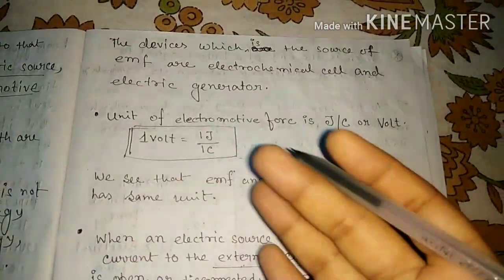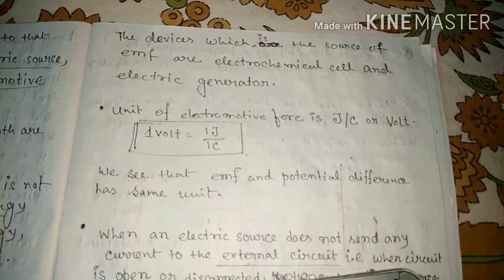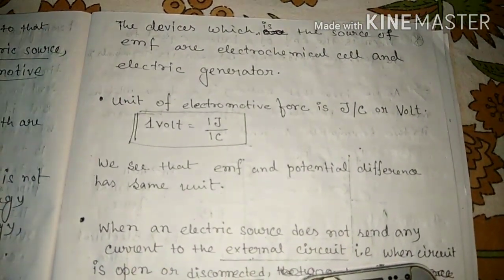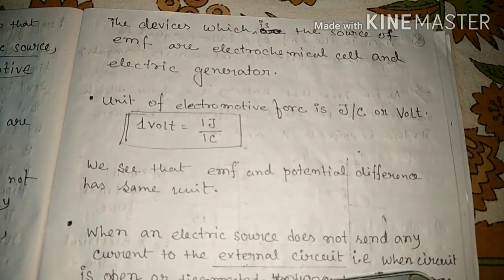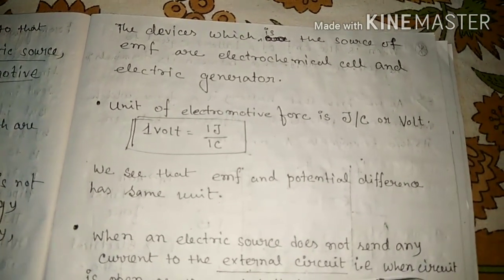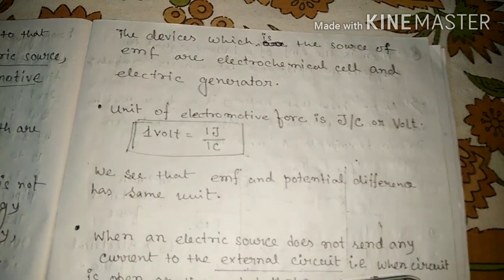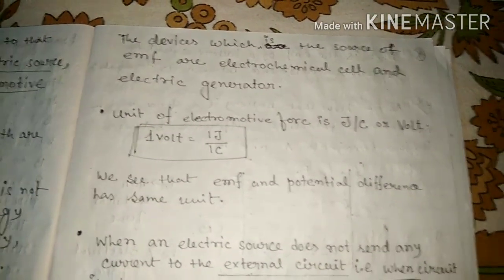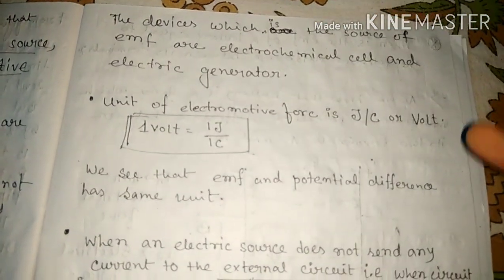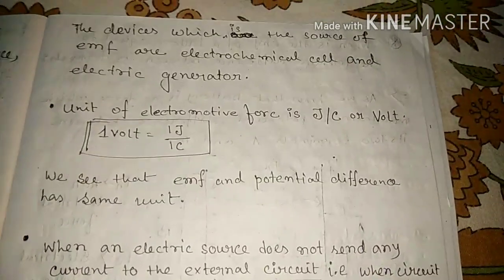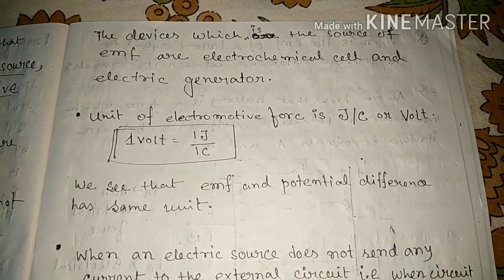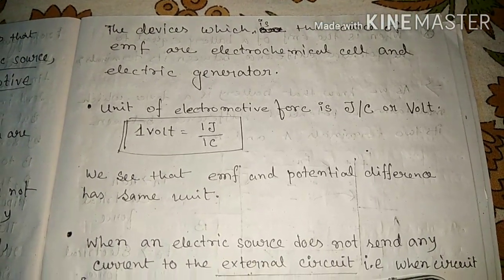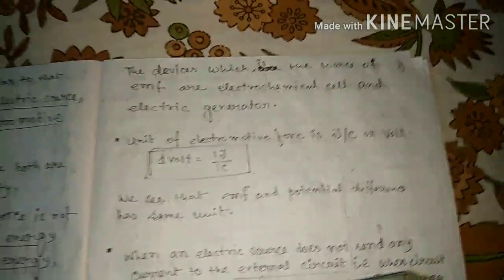From that definition we easily get the unit of electromotive force: work done per charge, that is joule per coulomb, or in one word, volt. Volt is also the unit of potential difference. So the unit of EMF and potential difference is the same.